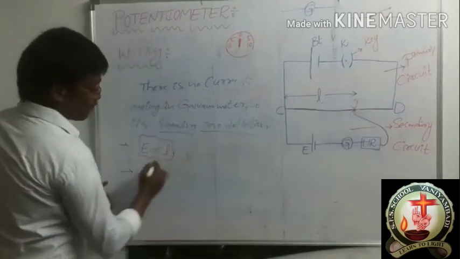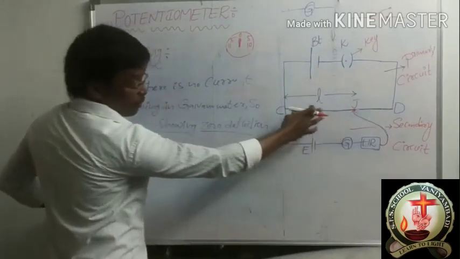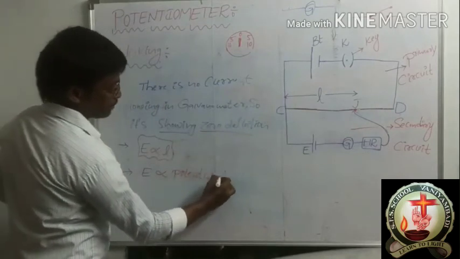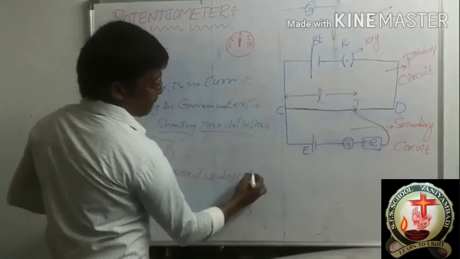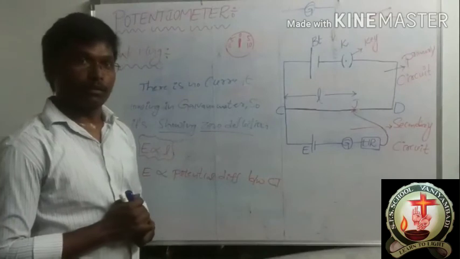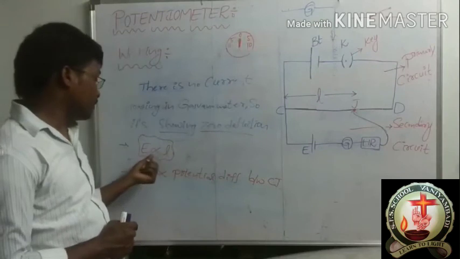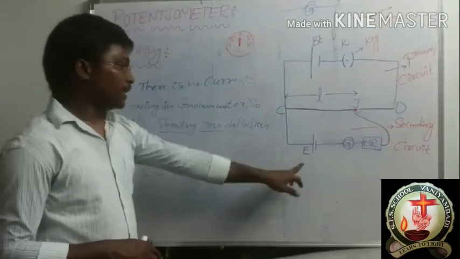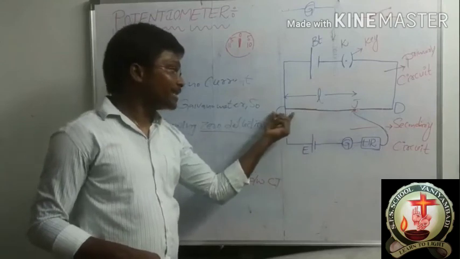Otherwise, the EMF of the cell is directly proportional to the potential difference between C and D. Remember these 2 points. When the galvanometer is showing zero deflection, the EMF of the cell is directly proportional to the balancing length. Otherwise, EMF is directly proportional to the potential difference between the points C and D.